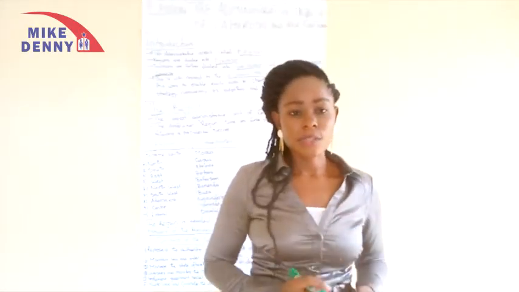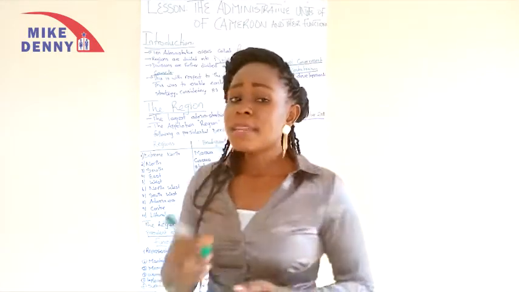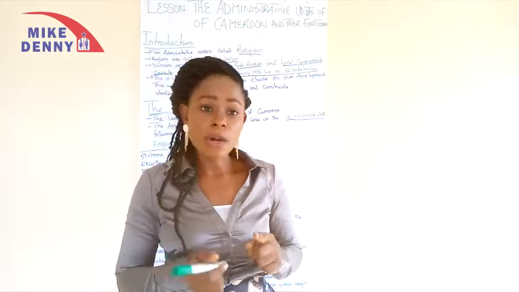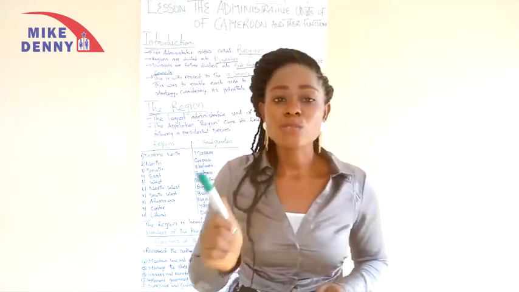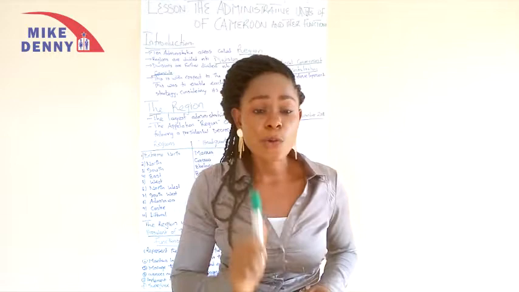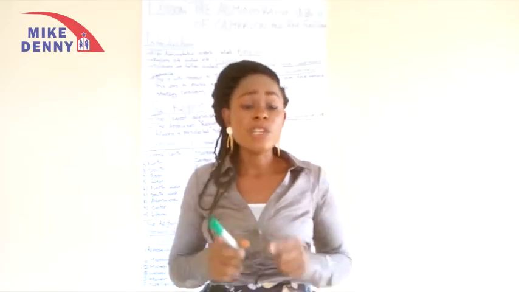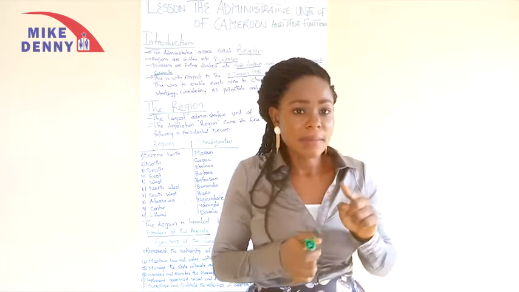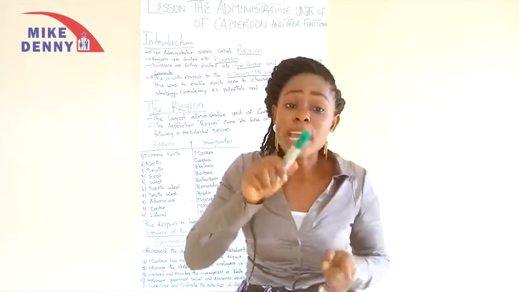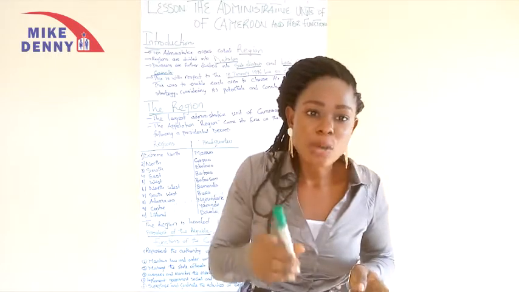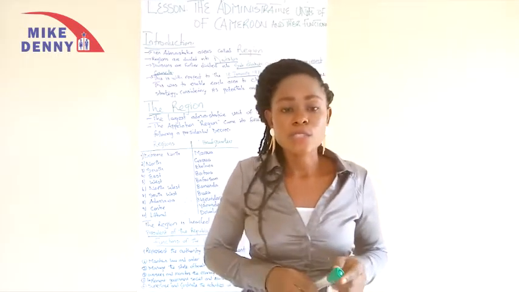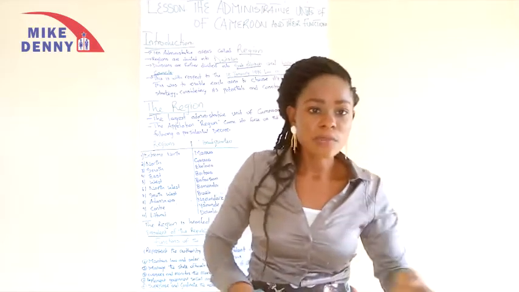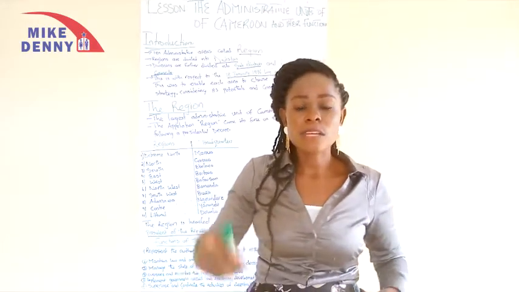Now, the name region came in place on the 12th of November 2008 following a presidential decree, which means that before we had this name region, there was another name. Cameroon was divided into 10 provinces. So we have 10 provinces in Cameroon: Northwest Province, Southwest Province, Central Province, and so on and so forth.